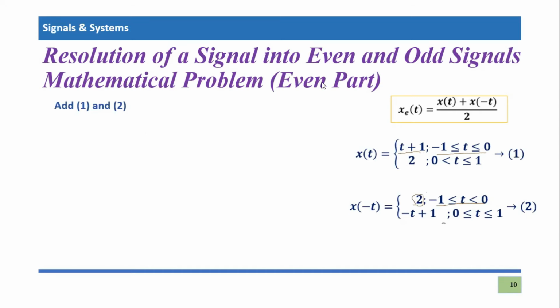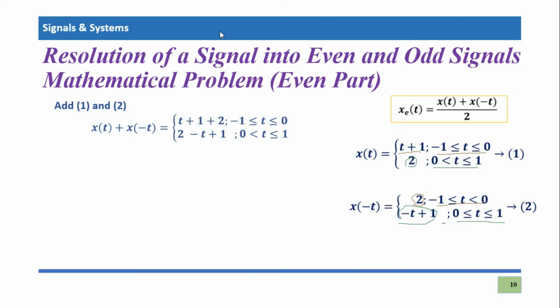Similarly, if I check the next interval, from 0 to 1, the signal's value for x of t is 2 here. And for x of minus t, from 0 to 1, the signal's value is minus t plus 1, right? So we will be adding the corresponding definitions of the signal in their respective intervals. So the equation would be this one.